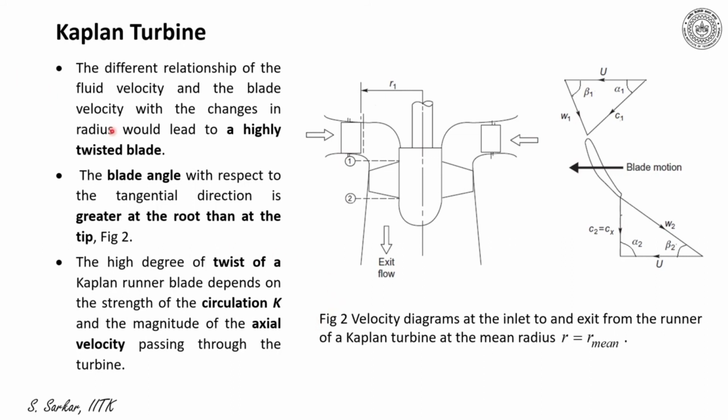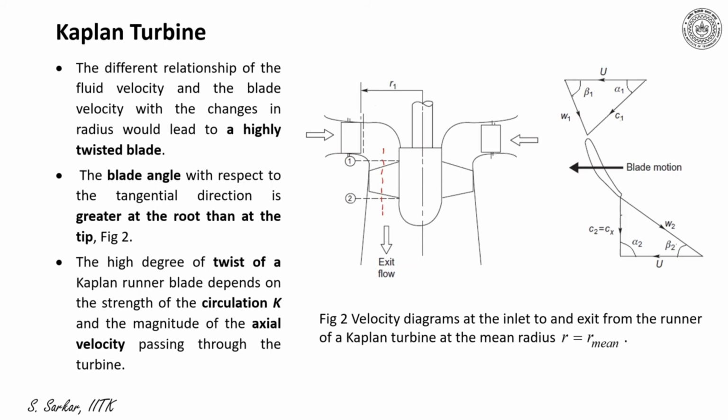Figure 2 indicates the velocity diagram at the inlet to and exit from the runner of a Kaplan turbine at the mean radius, that is r is equal to rm. Thus, let us consider the mean section, which I have drawn here. Now this is a circumferential section.